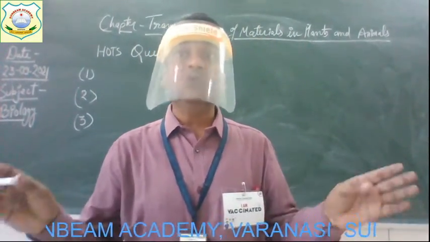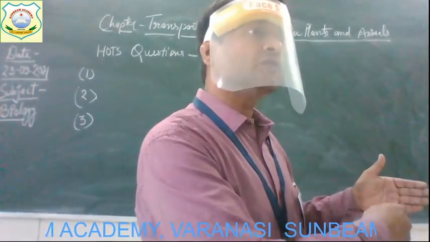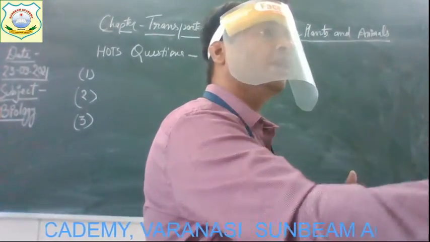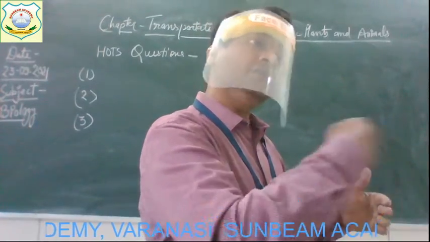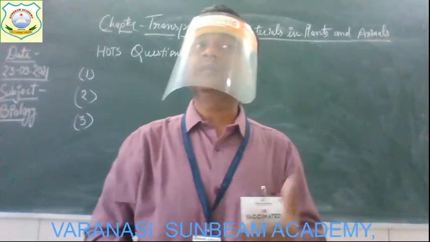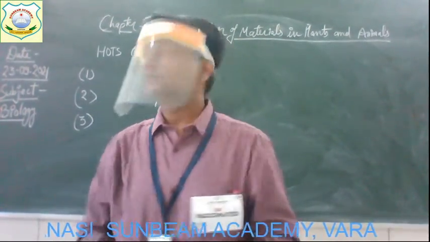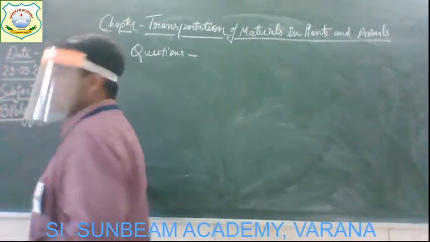They don't have holes, but by osmosis, water moves from higher concentration of water to lower concentration of water, from outside to inside, and again the vegetable looks fresh. Get it? Now the next question, number 4.